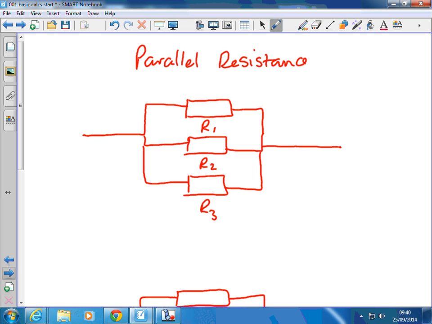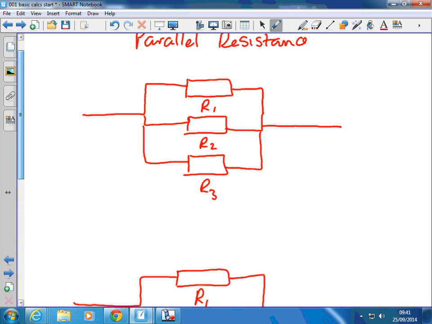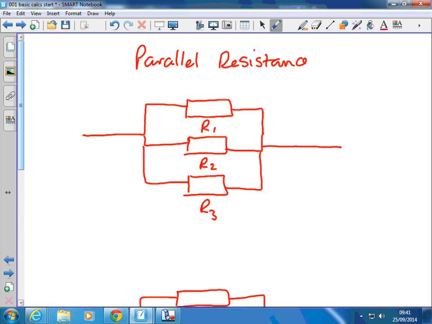For parallel resistance, we have 3 different methods depending on what we've got. First of all, a method when all these are perhaps different values, 16, 20 and 40 for instance.